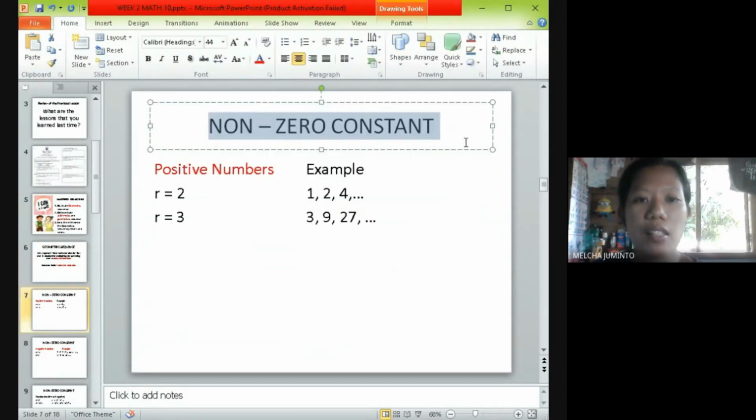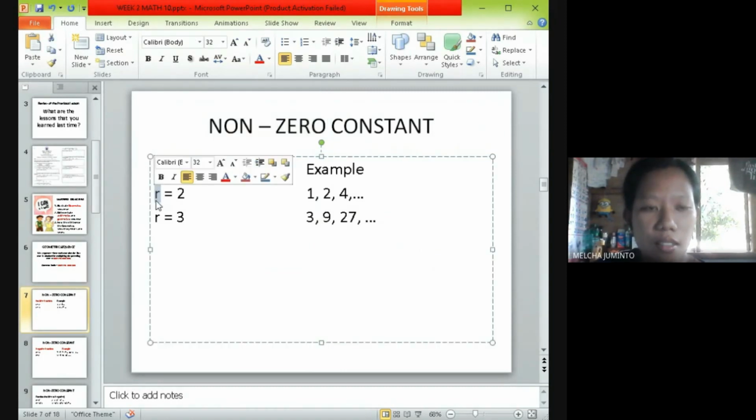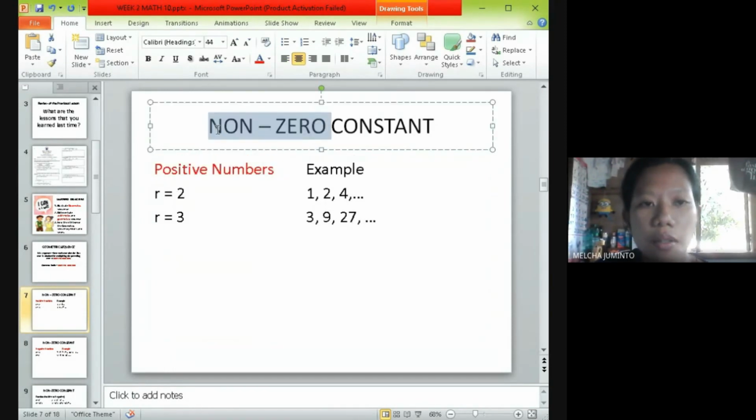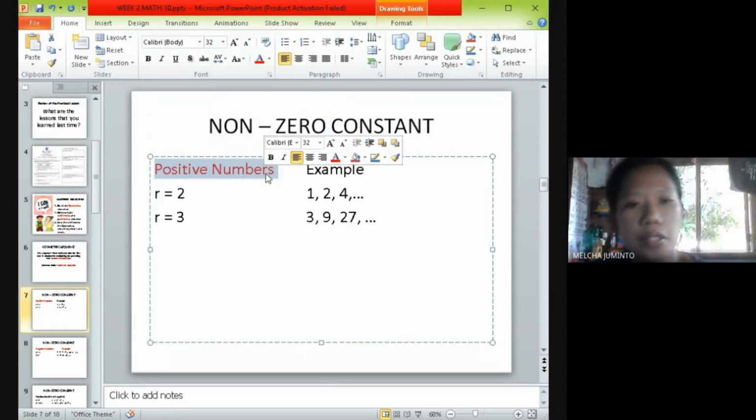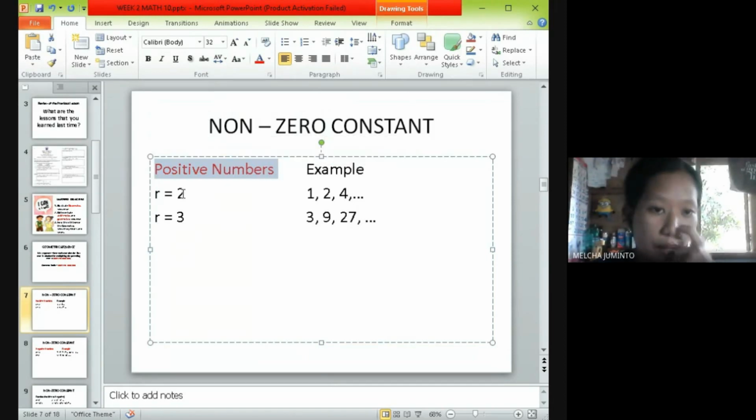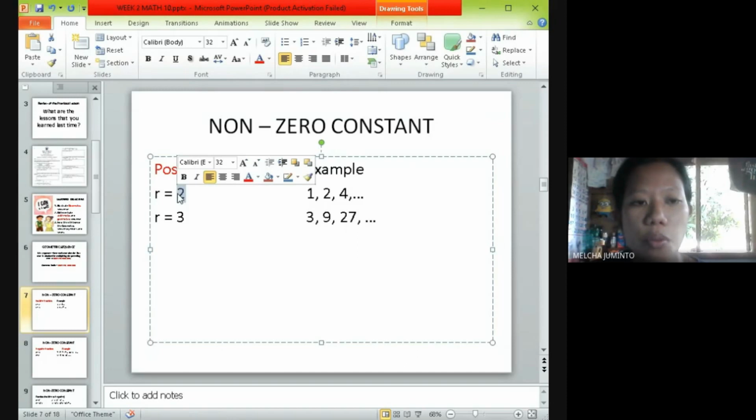Okay, when I say non-zero constant, from the name itself, non-zero, zero is not accepted as the value of r. By the way, r is the symbol for common ratio, lowercase r. So it can be positive numbers. For example, the common ratio can be 2 or positive 2.